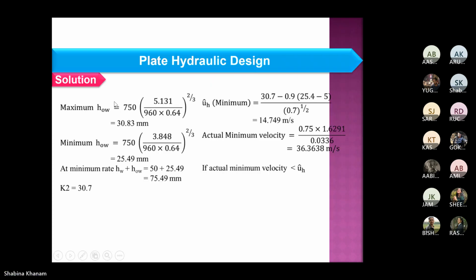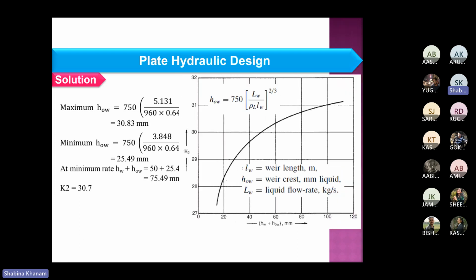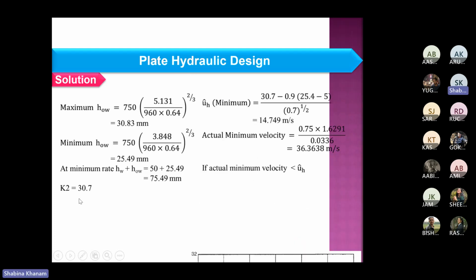Okay, we will calculate maximum HOW and minimum HOW. Maximum HOW will not be required over here, but you can calculate. That will be required afterwards. Okay, we need to consider minimum HOW, and that is coming as 25.49. And then we can have all minimum rate as 75.49. And based on that, you can find out K2 value. Okay, from this graph. So K2 is coming as 30.7.